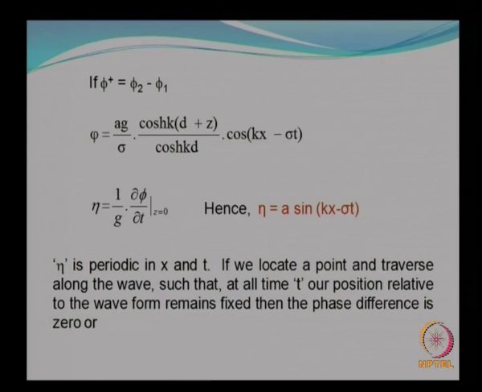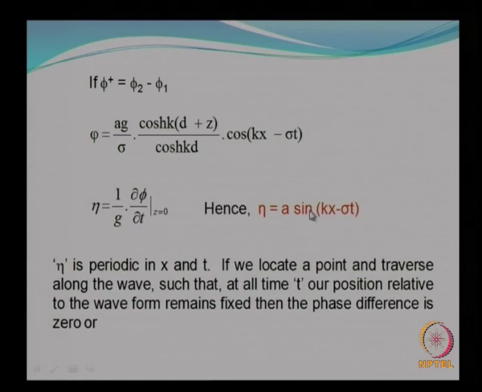What is the maximum space within one cycle? One wavelength, and 2 pi is the total in terms of radians, right. So k is 2 pi by L. Now x will vary from 0 to L, so you are covering one full cycle which is equal to 2 pi.